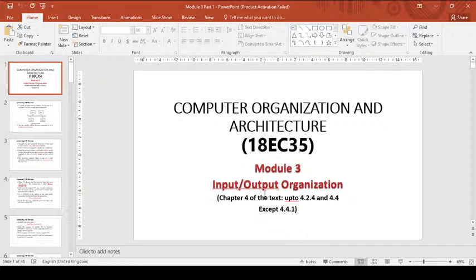The topics included for Module 3 are from Chapter 4 of the textbook Computer Organization by Carl Hamacher, the same textbook we are referring to throughout this subject. So up to 4.2.4, and then one more topic, 4.4, is included. In between, 4.4.1 is excluded.